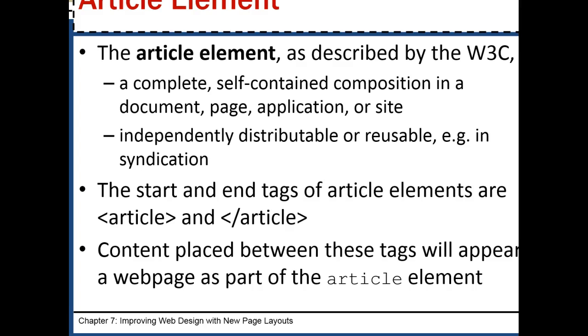It can also be an interactive widget or gadget, or any other independent content. The article starts with the article tag and ends with the closing tag, and the content placed between these tags will appear on the web page as part of the article element.